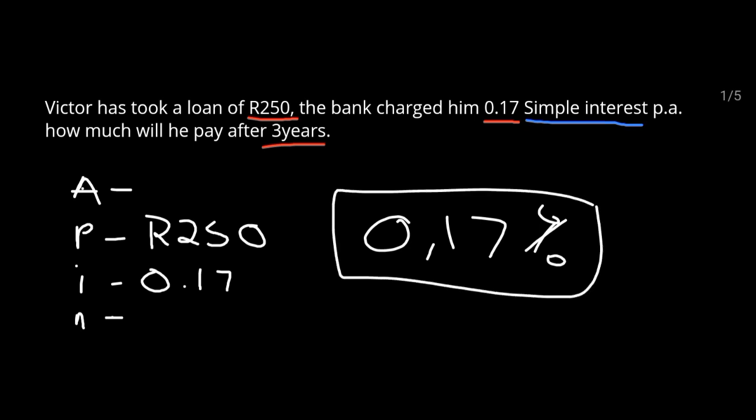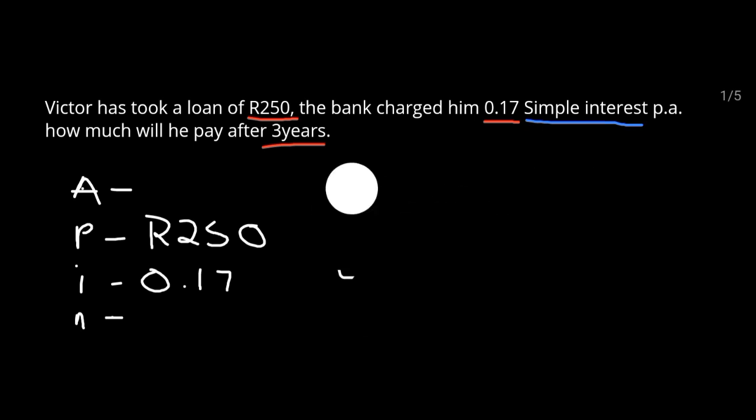Because there is no percentage symbol, it is already in decimal form. Now again, the N, the period, the number of years, is 3 years. Right, now I've laid down all my data.